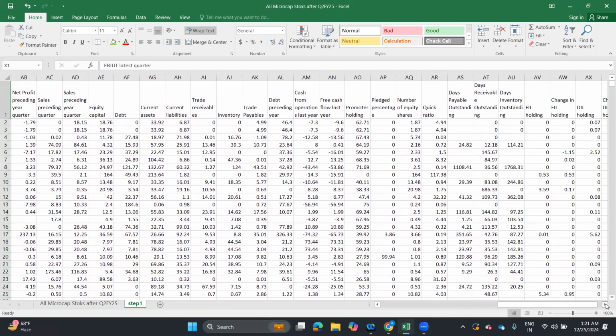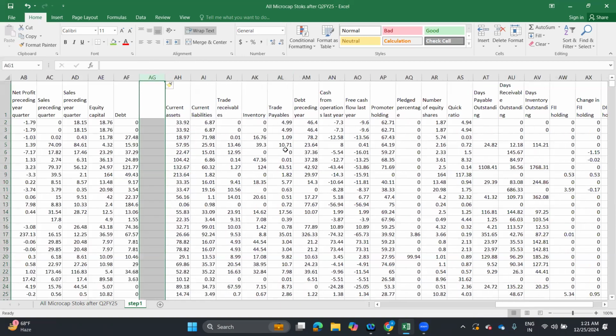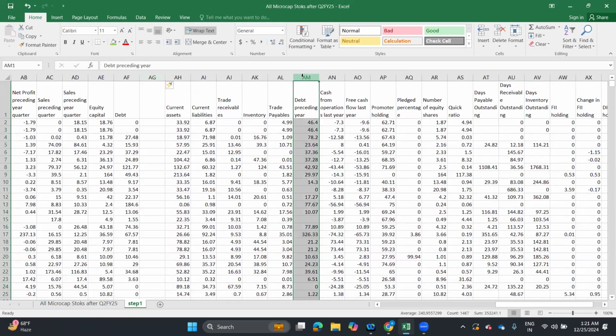So in this particular process, I'm going to do one thing very interesting. Stocks where debt has been reduced in the last 1 year. So for that, I'm just taking 2 years debt side by side, right?